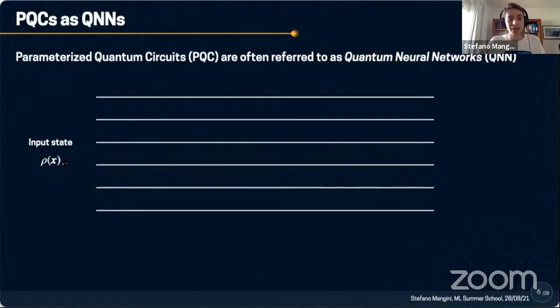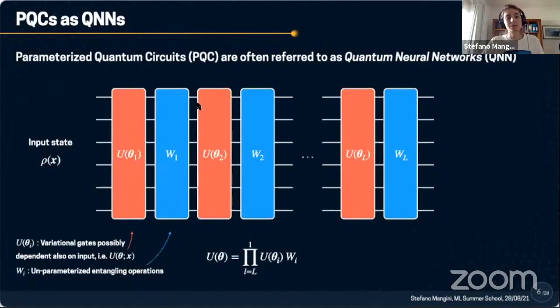You take this rho of x and you evolve it by means of a repeated structure of unitaries. Generally, when you're speaking of quantum neural networks, these unitaries are made in this way. You have repeated layers, a circuit of given depth, consisting of these red boxes, which are variational gates. So they have some internal degrees of freedom, some angles that you need to modify, to tune in order to do something with your circuit.